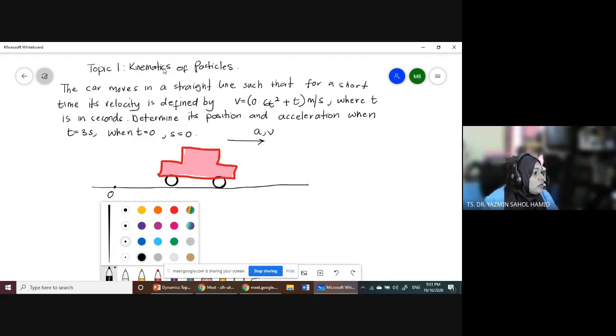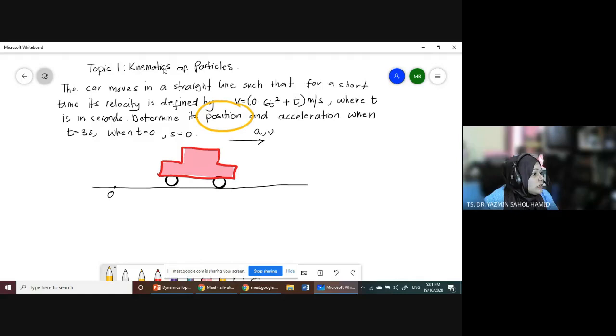Okay, now. So this question, what they ask you to do is determine what is the position and what is the acceleration. So you want to find the position and the acceleration. Okay, now how can we solve this problem?